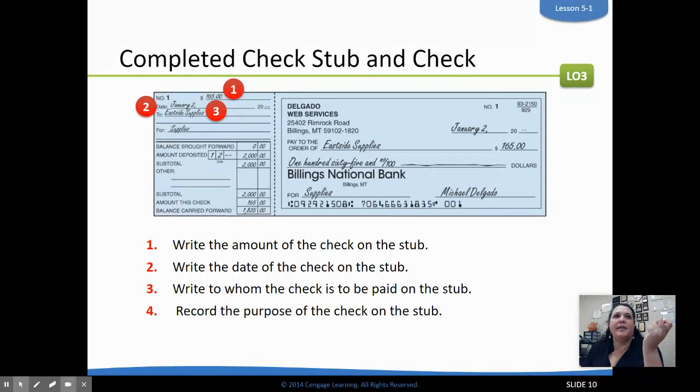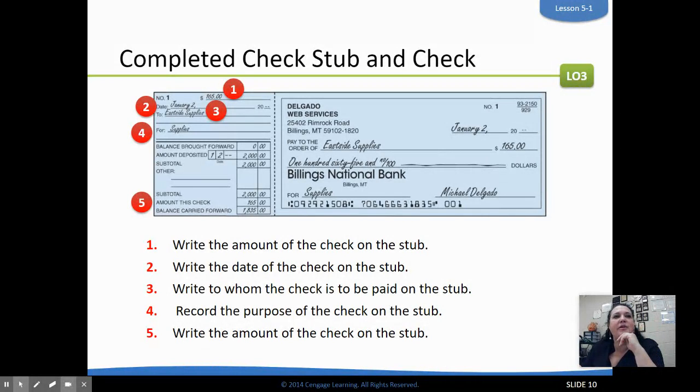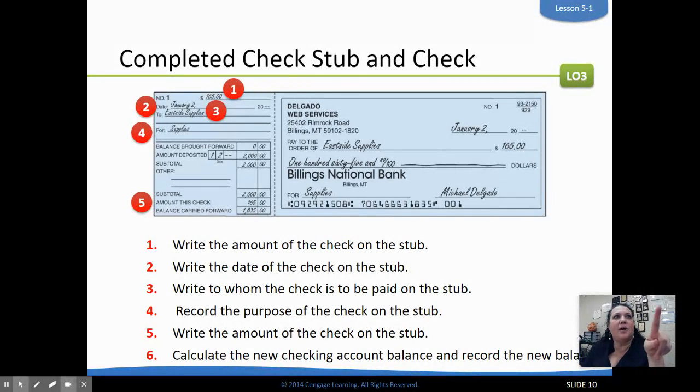Also, make sure you're putting that on the for line where it says for whatever it's for. Make sure that's written there too. And then the amount of the check in number 5. And then we're going to take our subtotal and subtract out the check to get our new balance carried forward amount. Now this one is going to go to the balance brought forward on stub number 2.